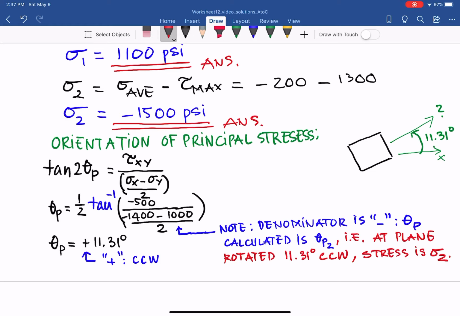So if the denominator is negative, the one you find is sigma 2. If the denominator is positive, then the theta p that you find will be sigma 1.